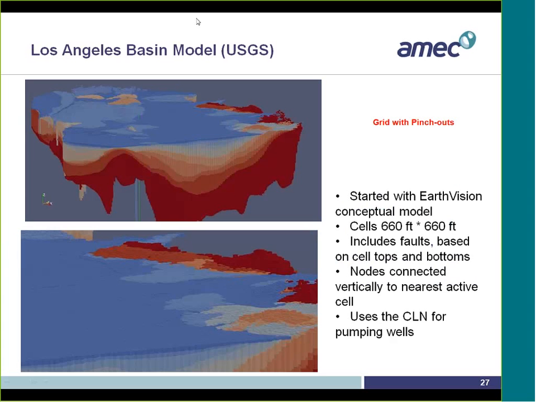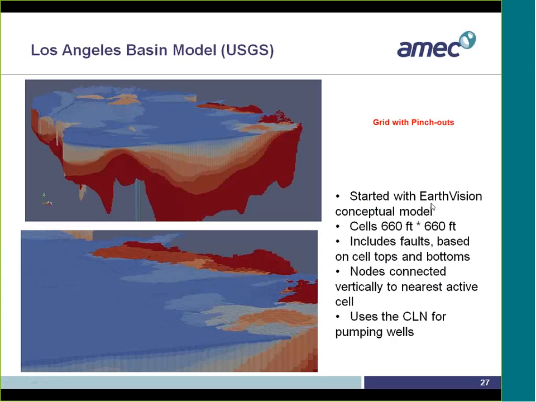This is the Los Angeles Basin model. It is by the USGS folks in collaboration with some others, I believe. This is a grid with pinch-outs. So they do have pinch-outs on the grids, and that is what they've been using MODFLOW-USG for.